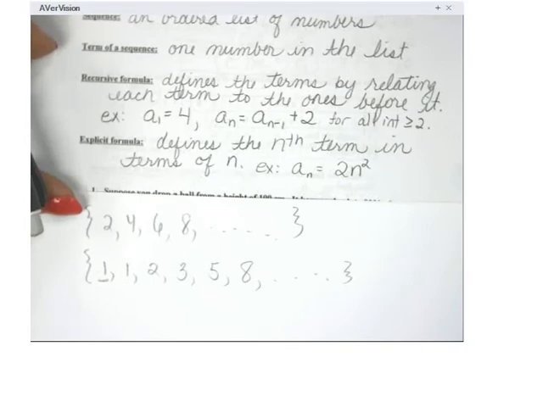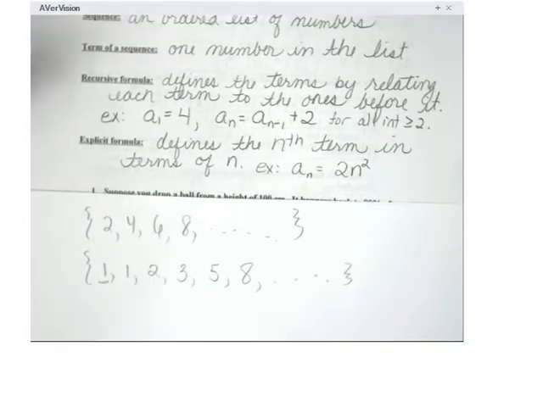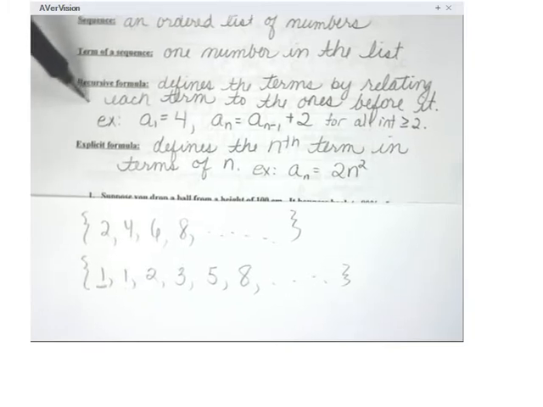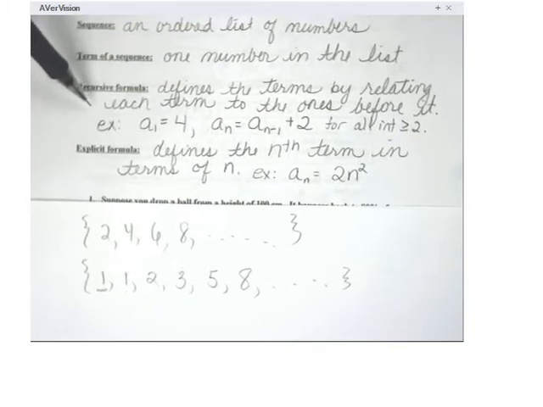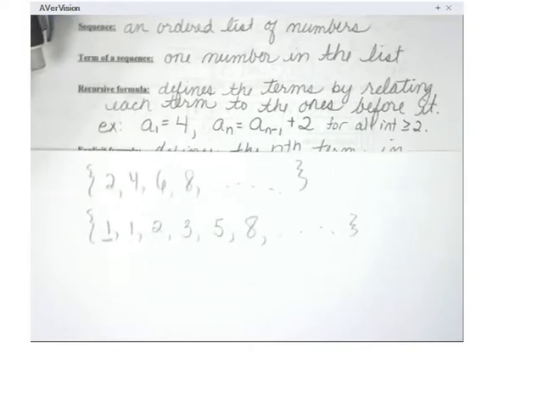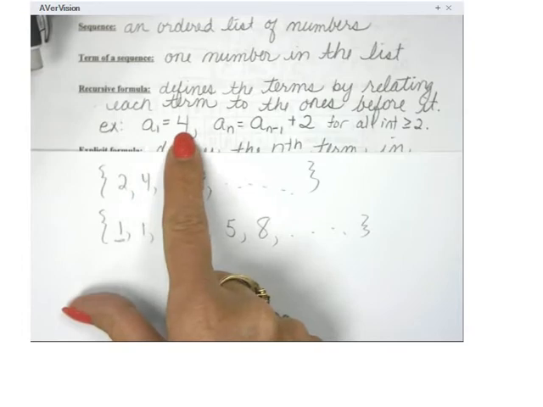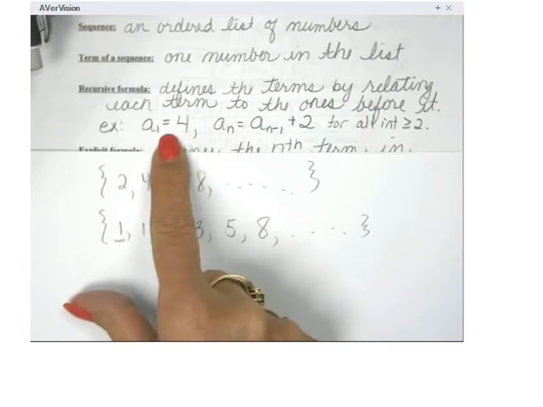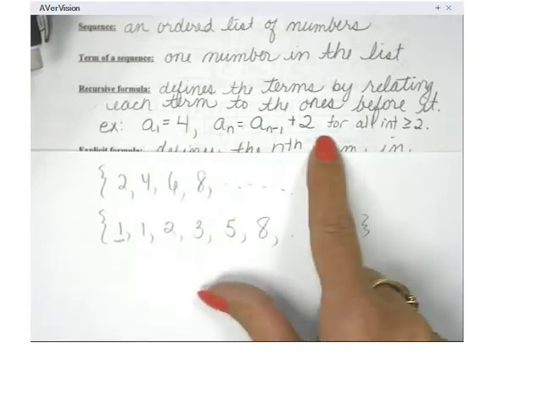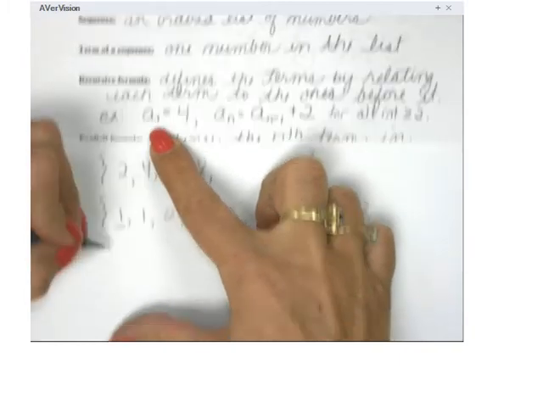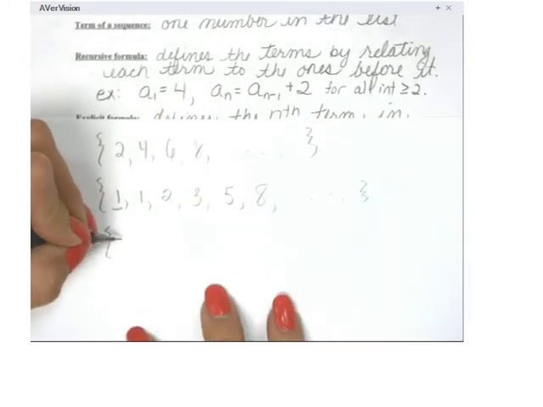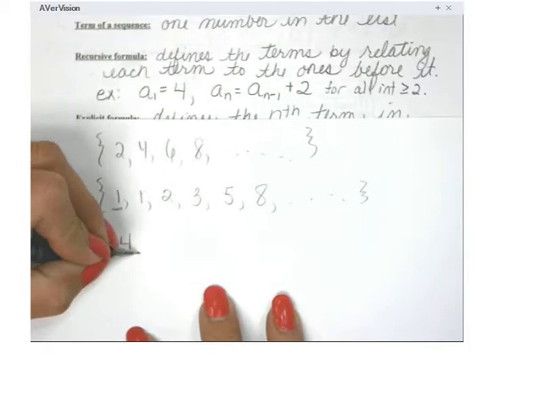A recursive formula defines the terms by relating each term to the ones that come before it. Here's just an example. If I tell you my first term, a sub 1, is 4, I can give you a rule that helps you find all the terms after that. You would know from this that the first term in my sequence is 4, so the very first number would be 4.